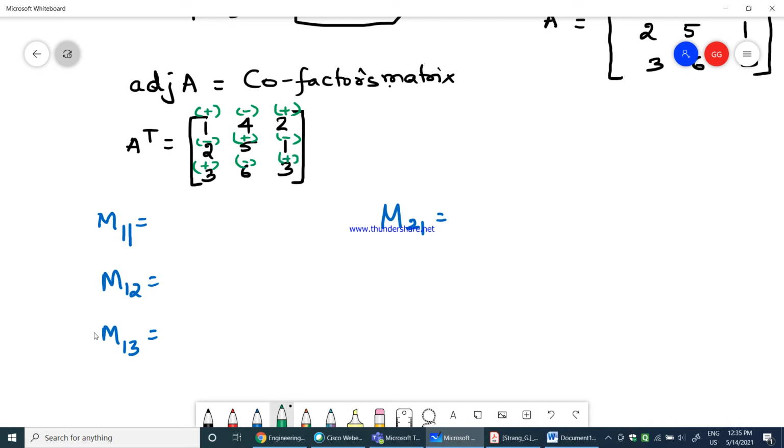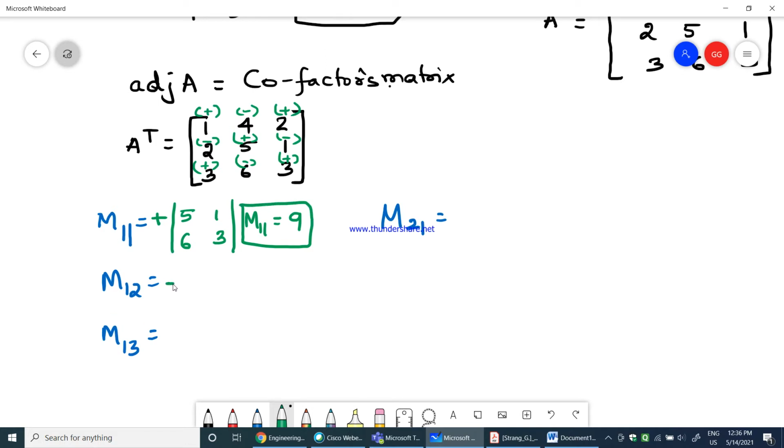So M11 is plus the determinant of what remains when we leave this row and column: 5 6, 1 3. M11 equals 5 3s are 15 minus 6 1s are 6, 15 minus 6 is 9. Therefore M11 is equal to 9, so it is plus 9.